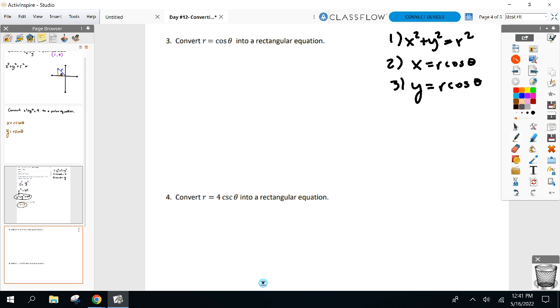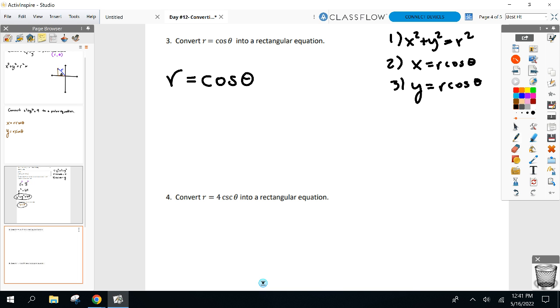Look at what the original says. R equals cosine theta. Is there anything you can substitute in? No. Anything I could substitute in right now? No, I can't. This is not the last problem where it's one substitution. I cannot substitute any of these 3 in right now. So I know what you're thinking. From number 1, what did we do with number 1? Square it.